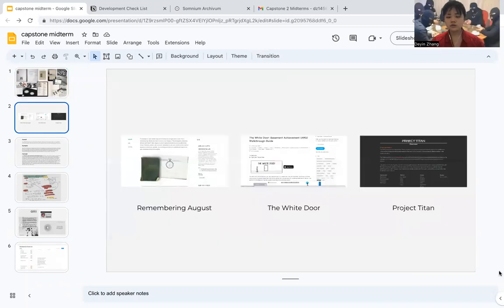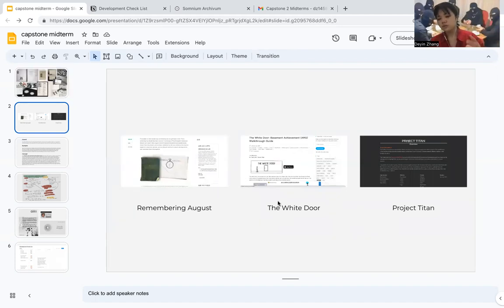And on this page, I provide some references of alternate reality games. Since there are various alternate reality games, I think I need to first have an expectation about what I can make in this project. So I found these three ARGs that perfectly fit what I want to make.